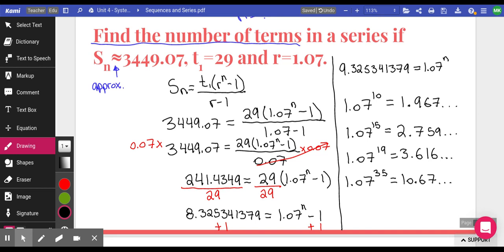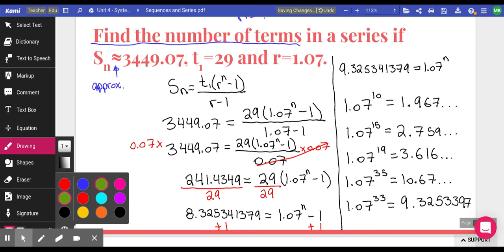Let's try 1.07 to the power of 34. Actually, let's try 33. 1.07 to the power of 33 equals 9.3253397. And you notice we have found what works. These numbers aren't exact, but they match for a long time. 9.3253 is all the same, and then the final little numbers change right here.